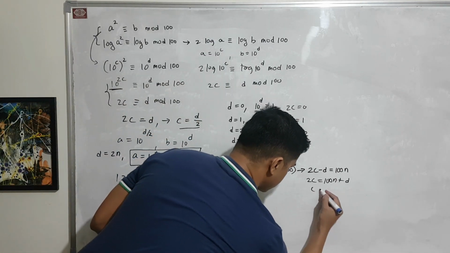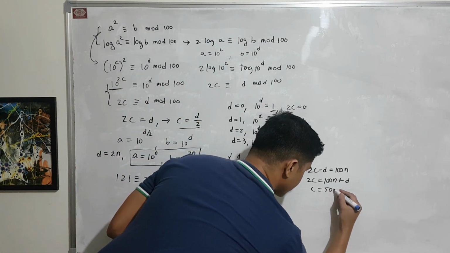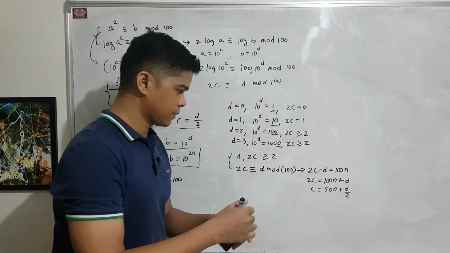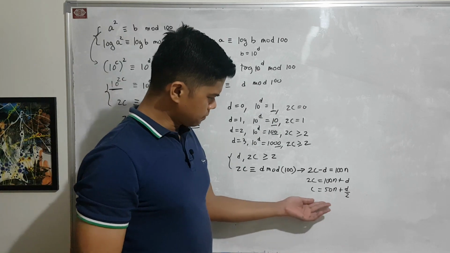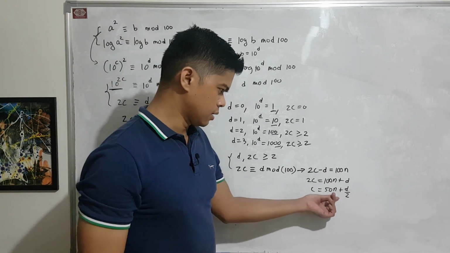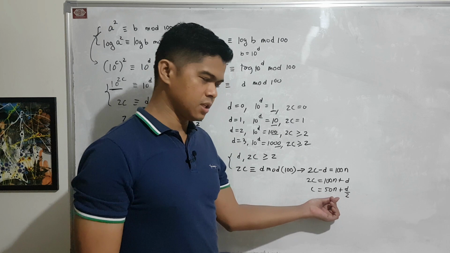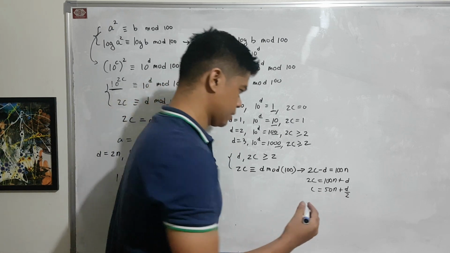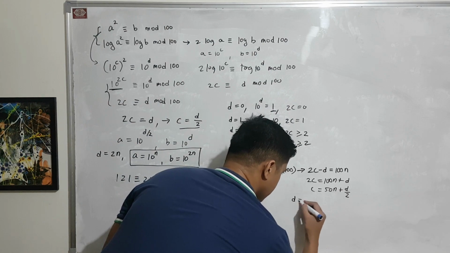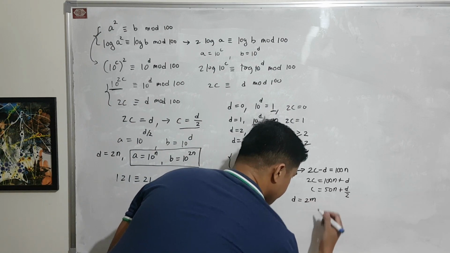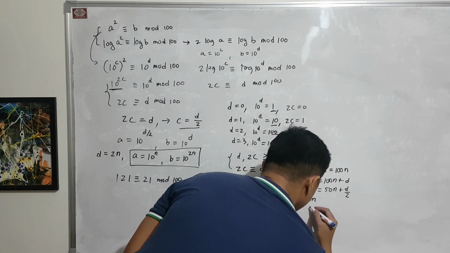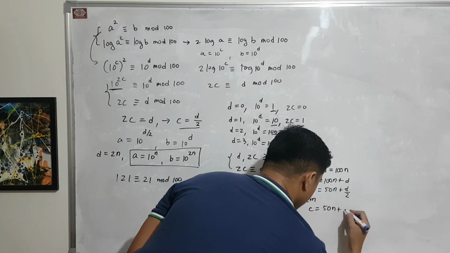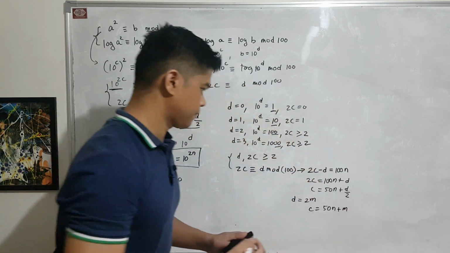We get C equals 50N plus D over 2. In this arrangement, D must be divisible by 2, so D must be even. So we can let D equal 2M, so that this gives us C equals 50N plus M, where M is an integer.